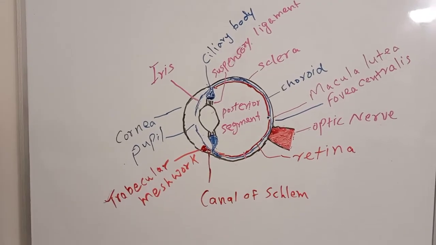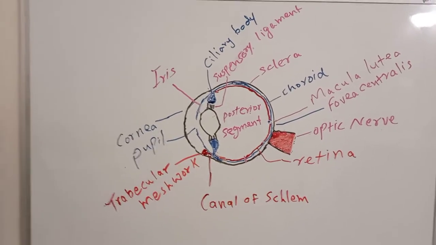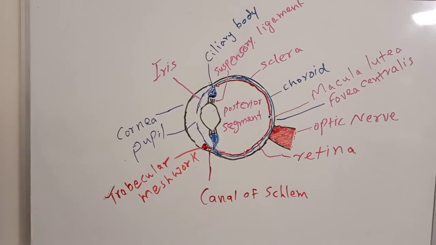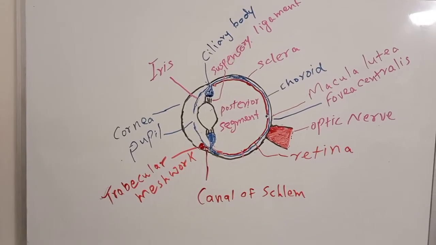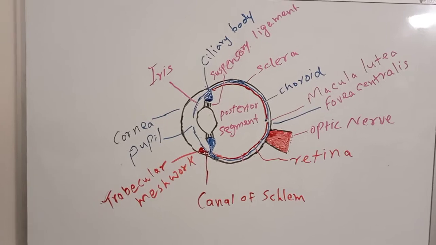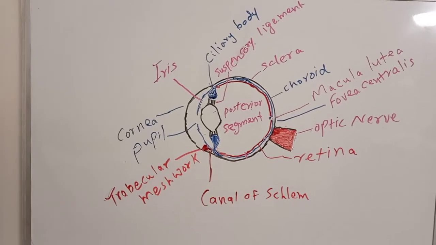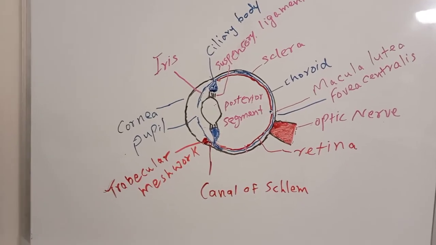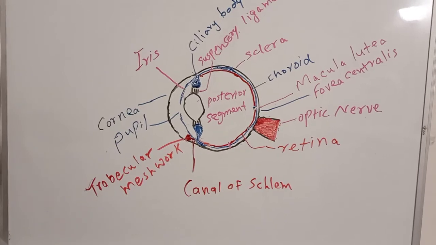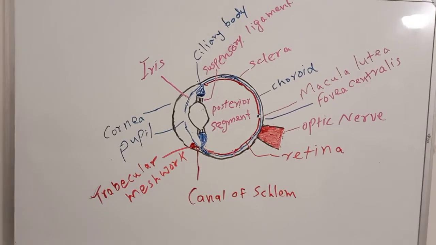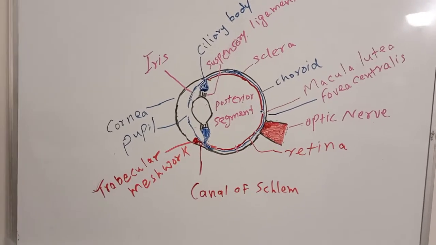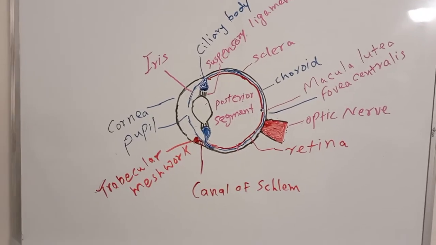Muscles of the iris control the light that enters the eye. To decrease the amount of light entering the eye, these muscles contract and decrease the size of the pupil. To allow more light to enter, these muscles relax and dilate the pupil.